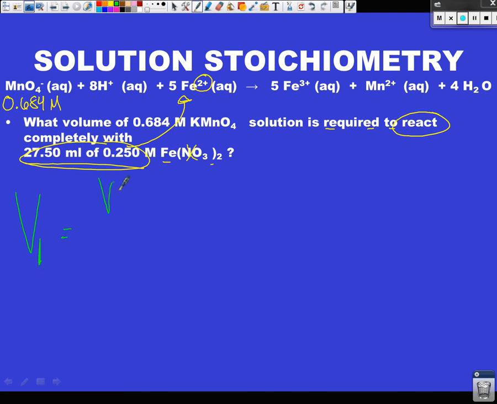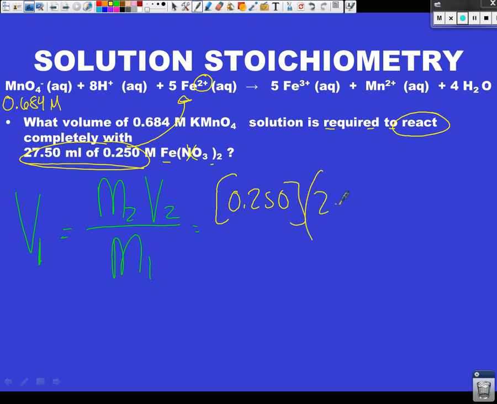So V1 equals M2V2 divided by M1. The molarity of 2 is 0.250. The volume is 27.50 milliliters. And then the molarity of the top one is 0.684.